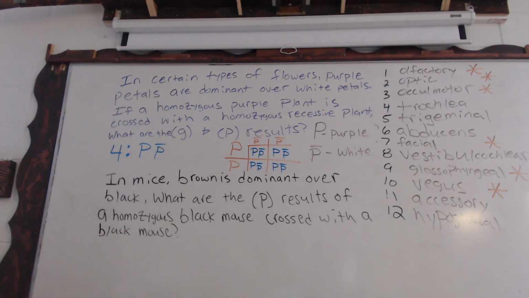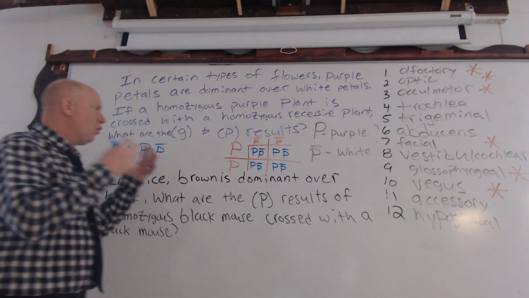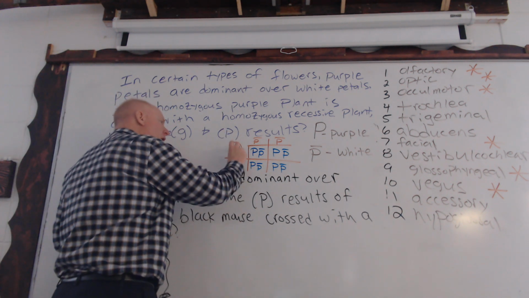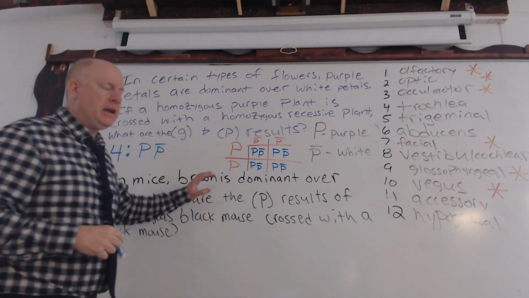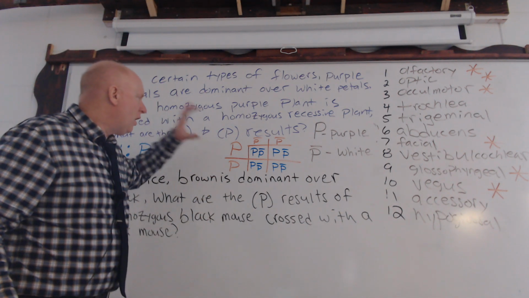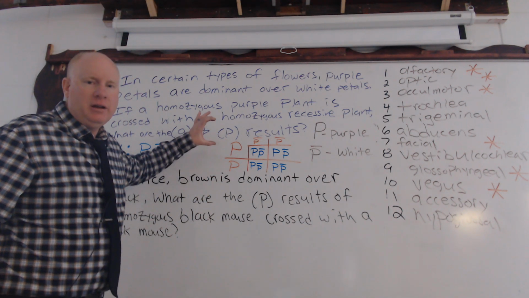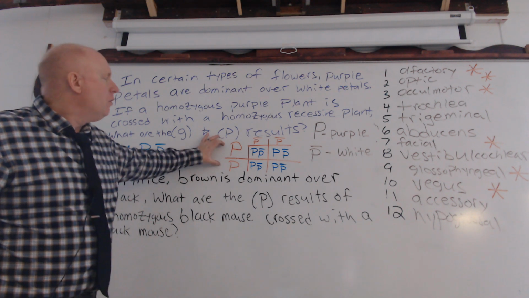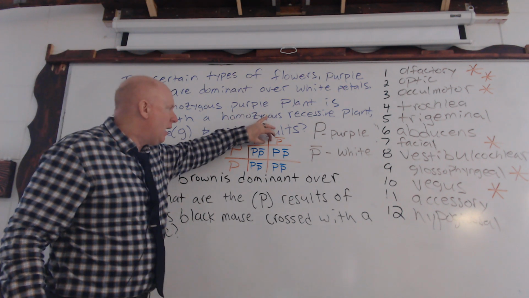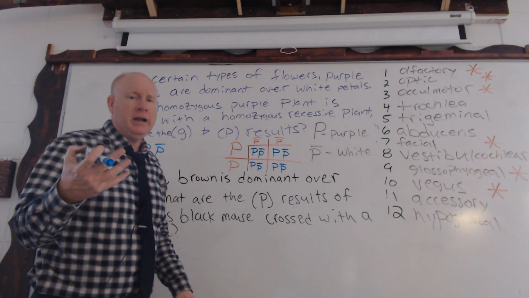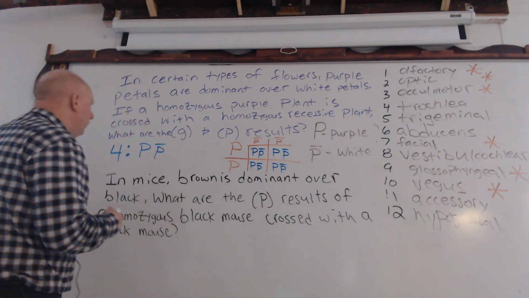And once you get the genotype or the genotypical ratio, the phenotype is what follows right behind, what you would observe. Also 100% of the time, when you cross a homozygous dominant purple flower with a homozygous recessive flower, you're going to get purple flowers.